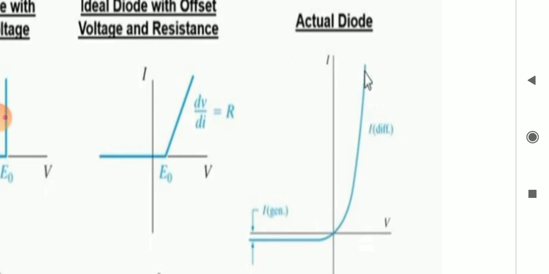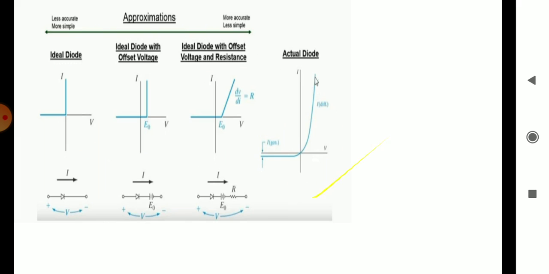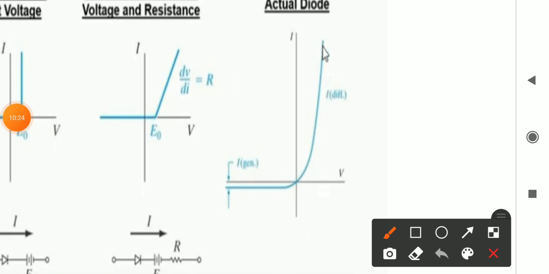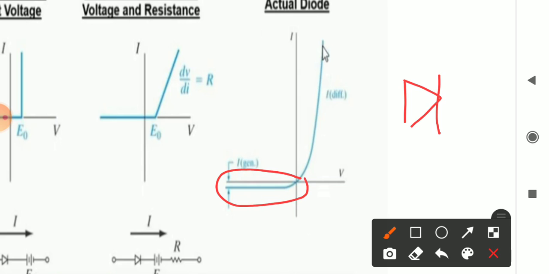Now the actual diode. These are the ideal cases which we studied, the three graphs. Now the actual diode. In an actual diode, there will be a resistance and a drop. For that reason, when we operate the diode in reverse bias, a small amount of reverse saturation, that is reverse leakage current, will flow. That current is also represented over here.